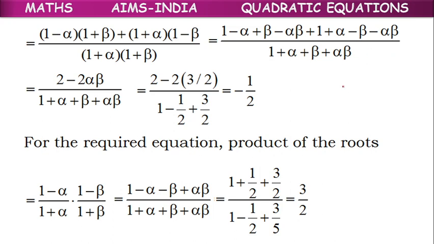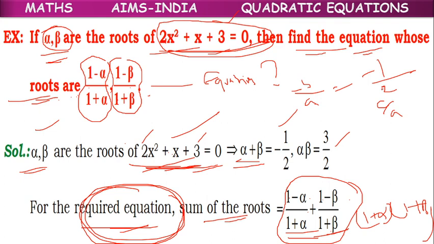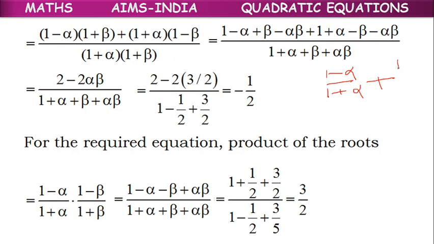Let's write here once again what we have in the last slide: 1 minus alpha by 1 plus alpha plus 1 minus beta by 1 plus beta. If we take the LCM, it is 1 plus alpha into 1 plus beta.